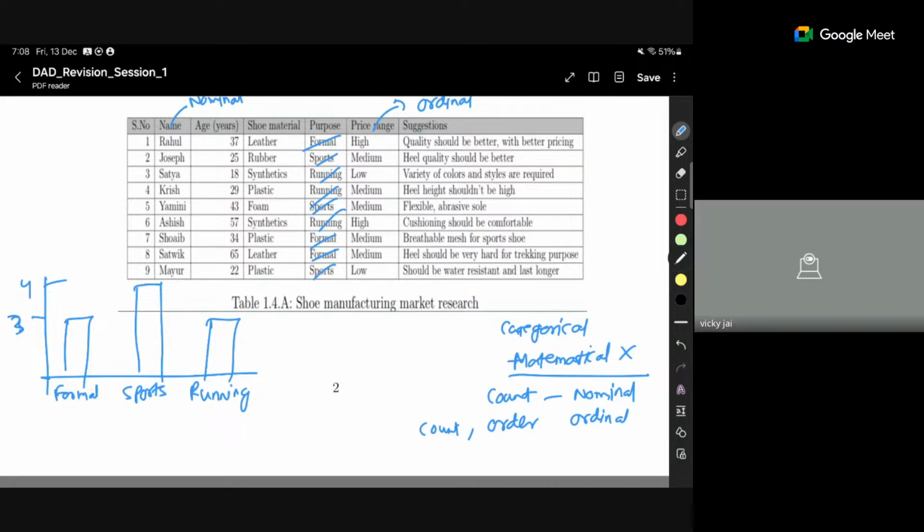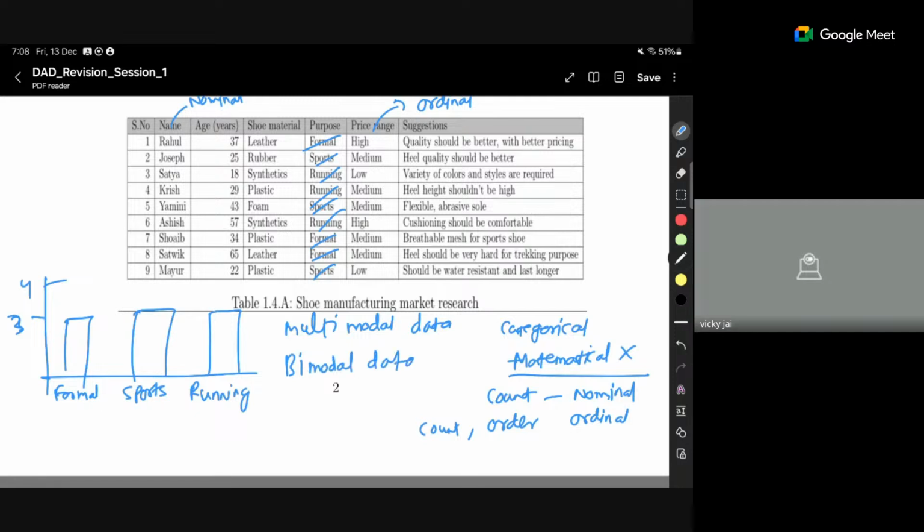In this case, all are equal, so we call it multimodal data. If there are only two, there is a specific name for it, which is bimodal data.